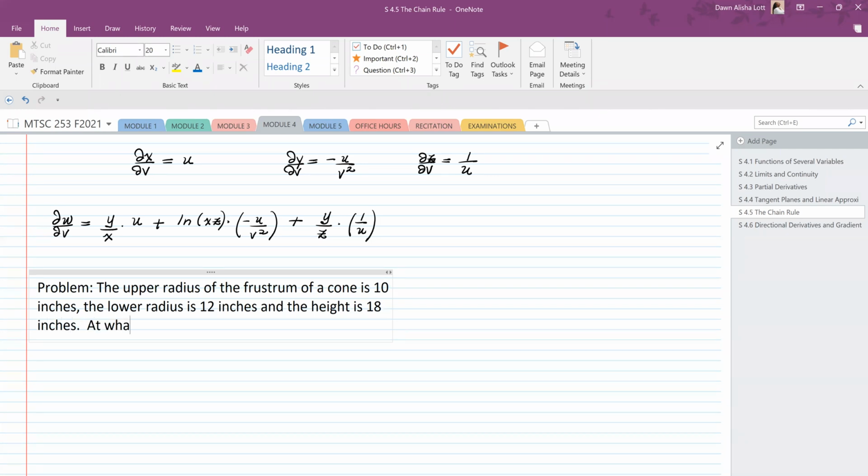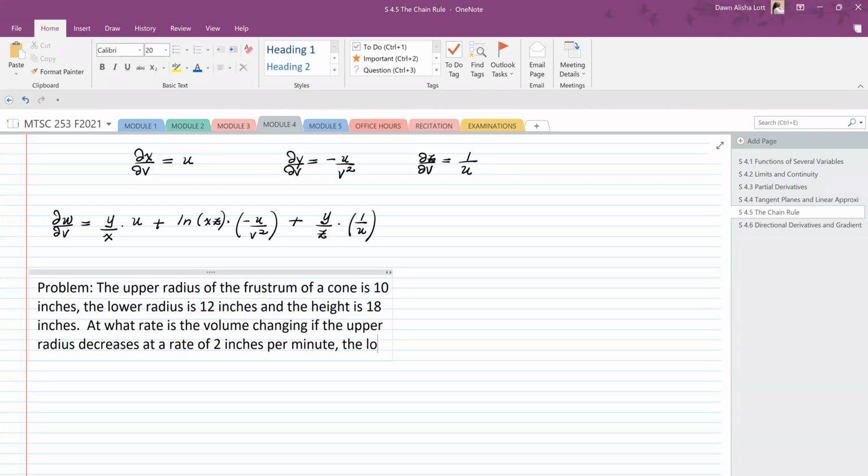At what rate is the volume changing if the upper radius decreases at a rate of 2 inches per minute?